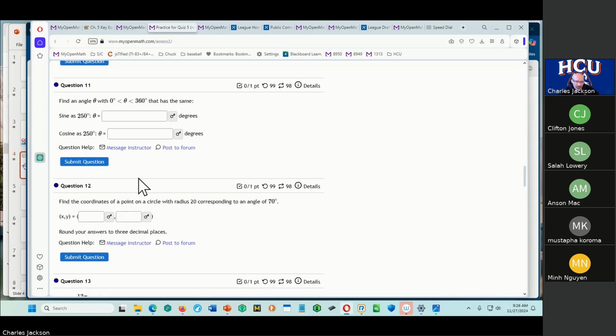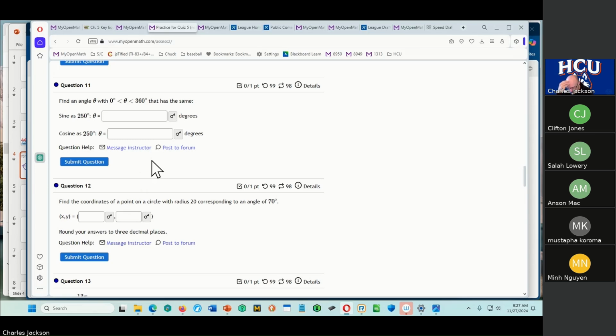So number 11, even though it's a skill that we assume now, we're in chapter 8, we're kind of assuming you can do this because we rely on your ability to do this in order to do the new problems.